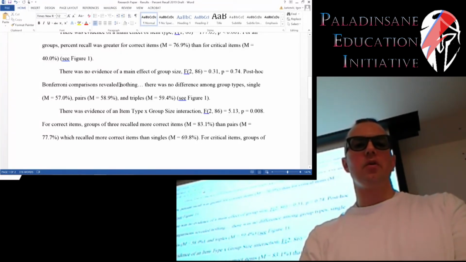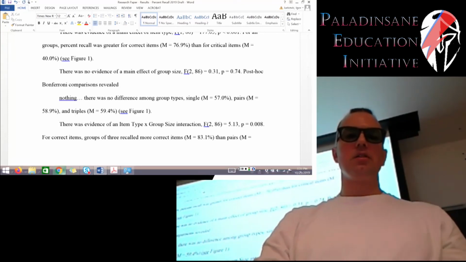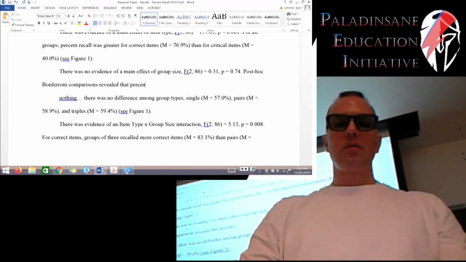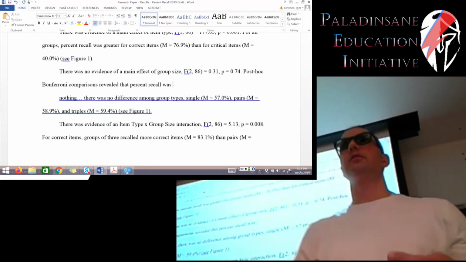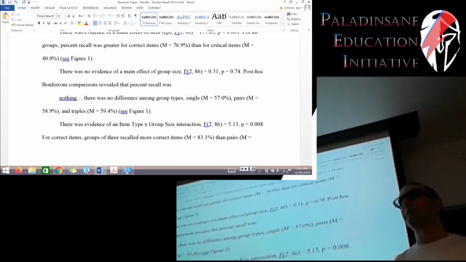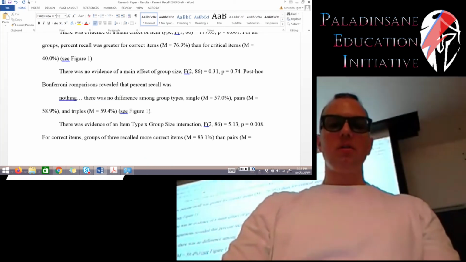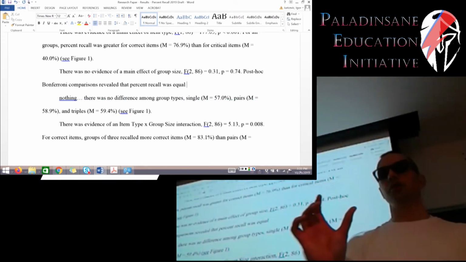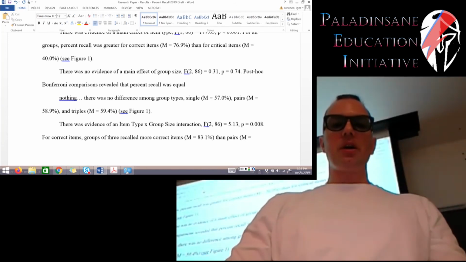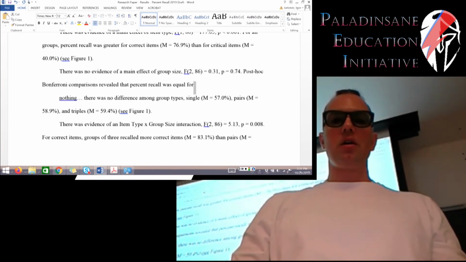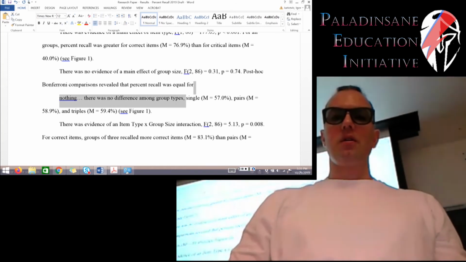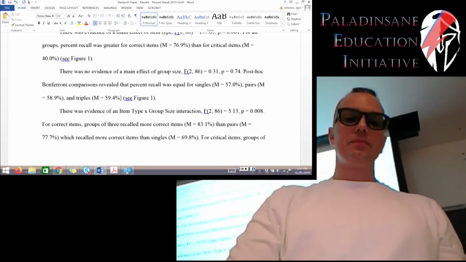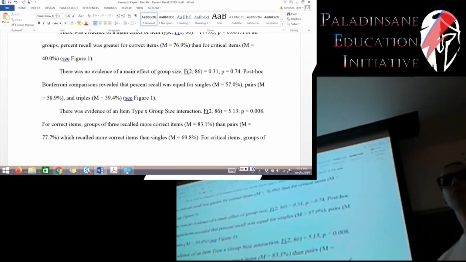So the Bonferroni comparisons revealed that percent recall was equal. And then instead of saying among group types, we do want to list the groups. So we can say revealed that percent recall was equal for singles, pairs, and triples.